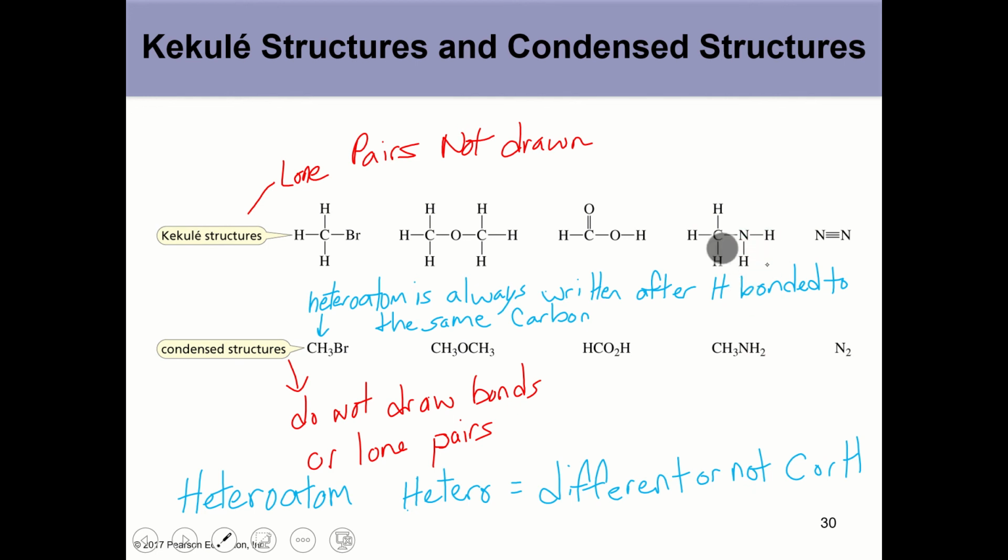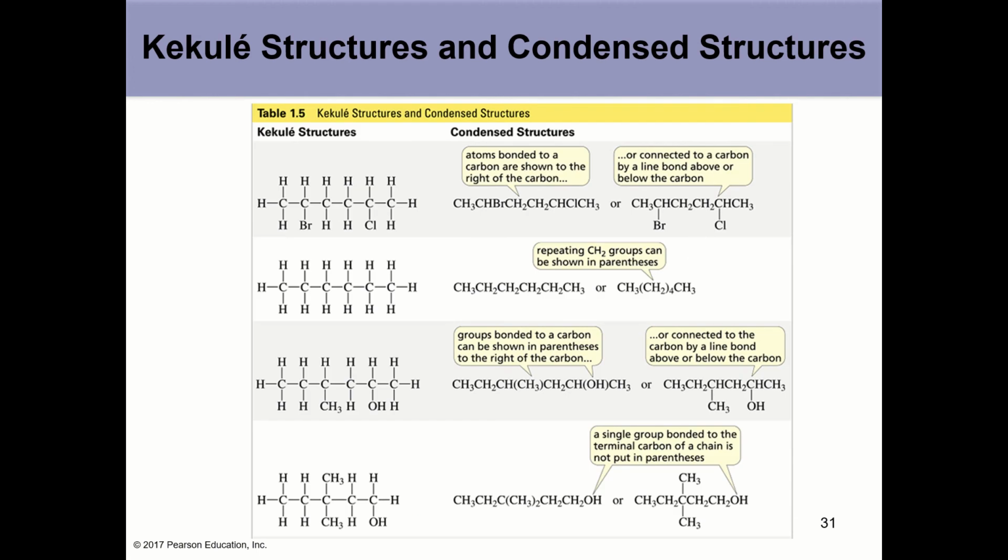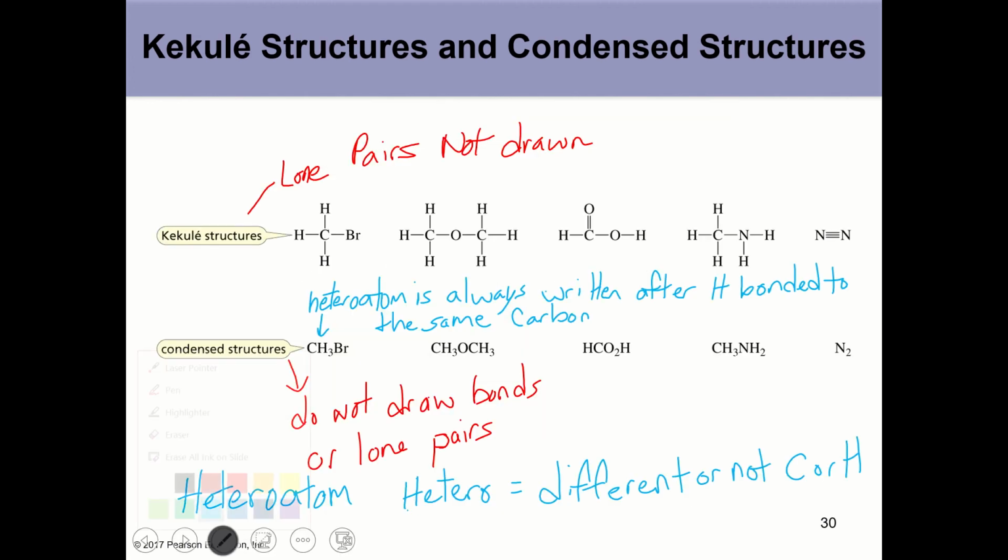Following our rules, carbon should have 4 bonds, and it does. It turned off my laser pointer. Okay, carbon should have 4 bonds, and the nitrogen should have 3 bonds, and they do. And so this is the correct Lewis structure.